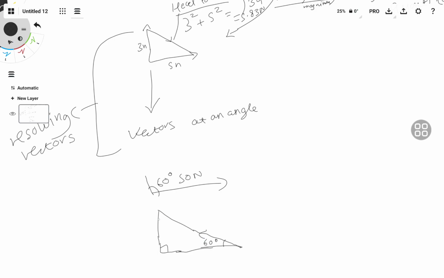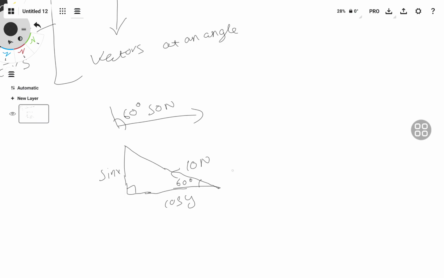So we will have cos and sine, x and y. So this is 10 Newton. No, this is actually opposite. Sorry, I'm so absent minded. 10 cos 60.